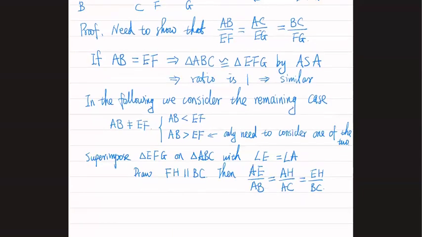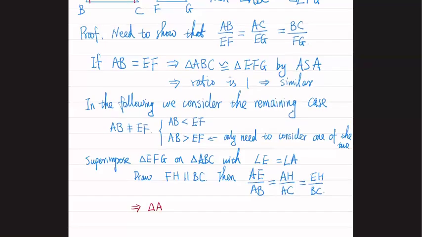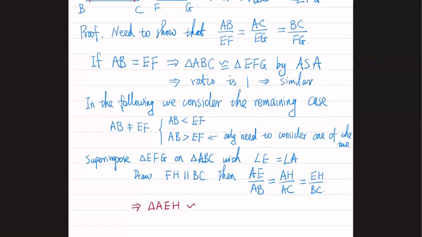This implies AEH parallel to ABC. Not parallel, similar. Lines are parallel, triangles are similar.